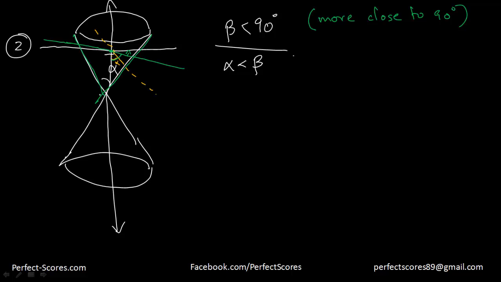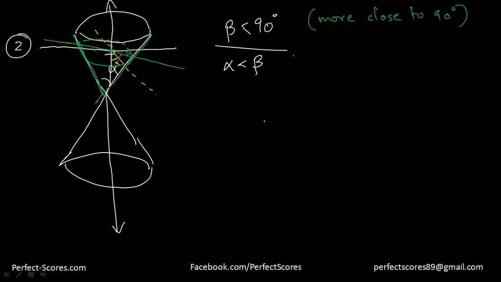That's for sure, because my angle beta is supposed to be greater than alpha. Now if I'm able to make the cut, then this is how the section is going to look like.